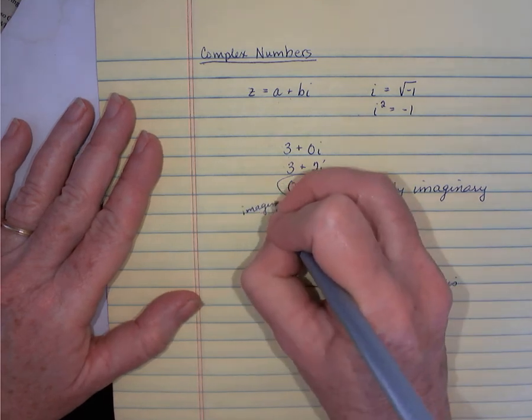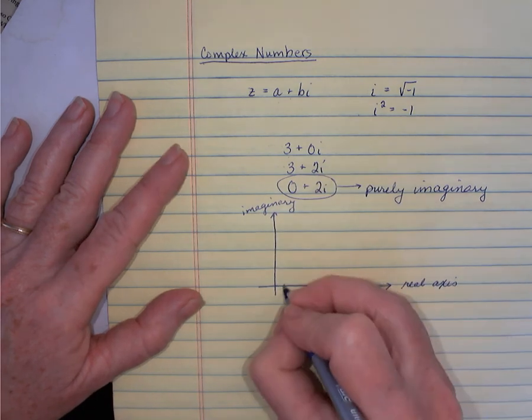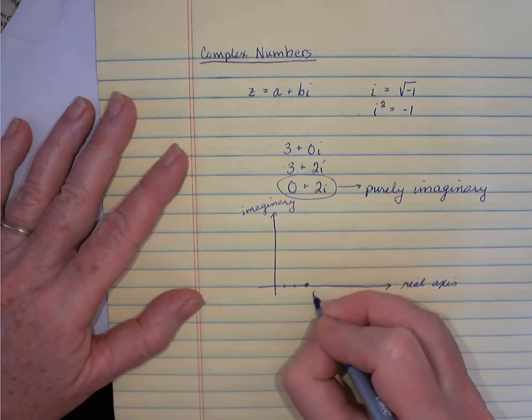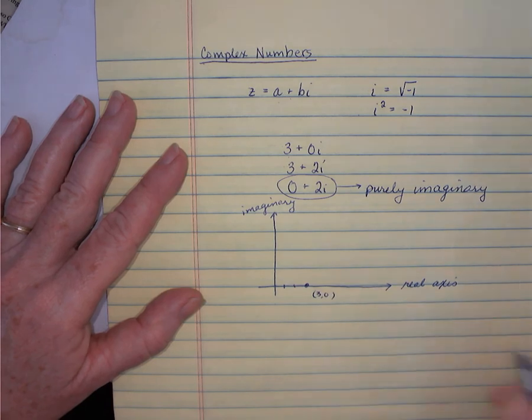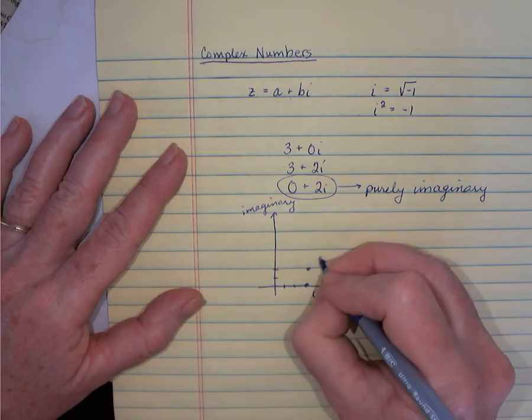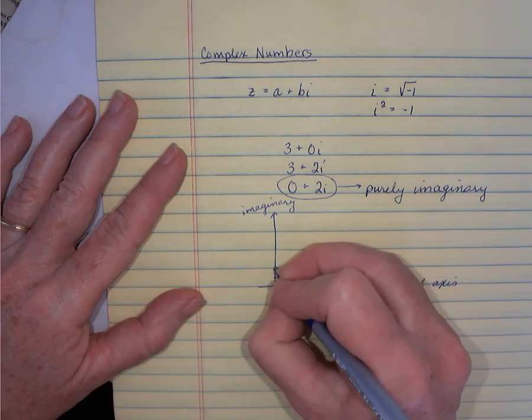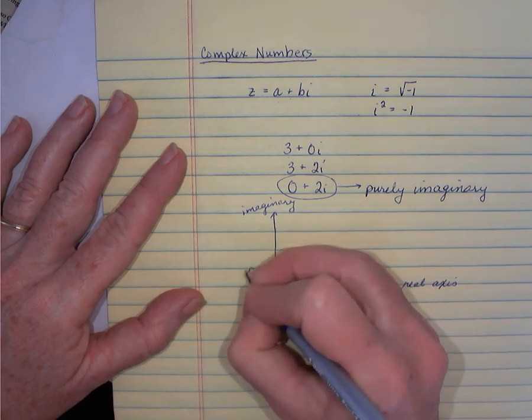You would basically just plot the coefficients. So 3 plus 0i is really the ordered pair 3, 0. 3 plus 2i is the ordered pair 3, 2. And 0 plus 2i is the ordered pair 0, 2.